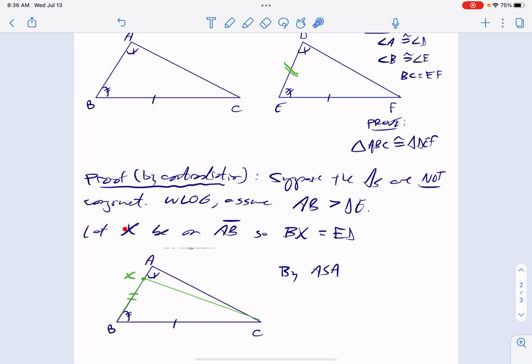I chose X so that the distance between B and X would be exactly the same as the distance between E and D. And I can do that by the ruler postulate. So we'll notice by side angle side, triangle DEF is congruent to triangle XBC.